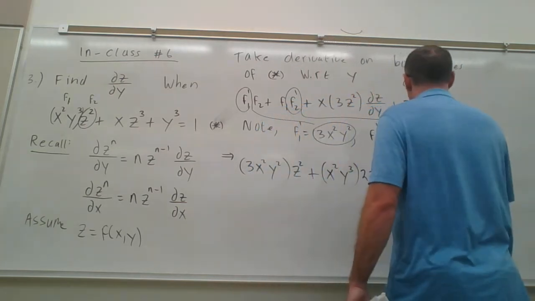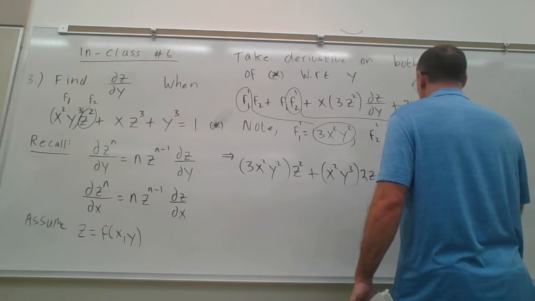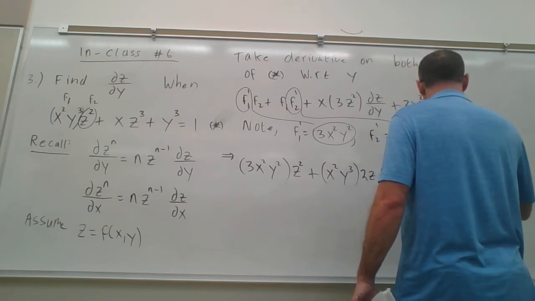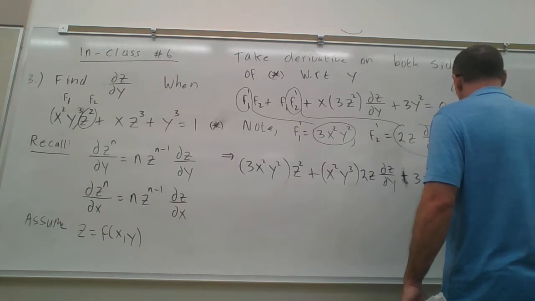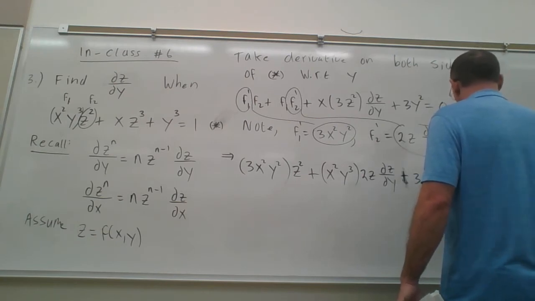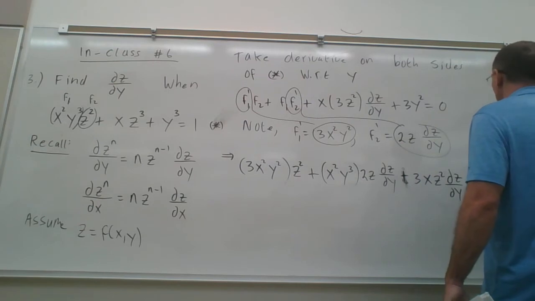So it's written as 3x z squared times partial z with respect to y plus 3y squared equals 0.